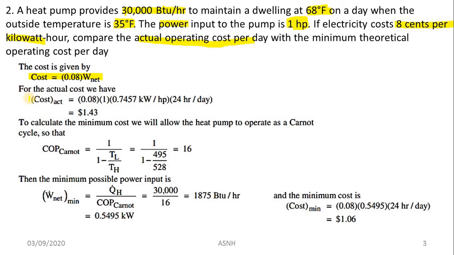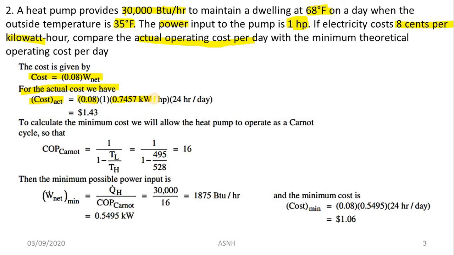For the actual cost we have this formula, through which we can get the value of the actual cost. The multiplication factor is 0.08, multiplied by 1 for per kilowatt capacity.